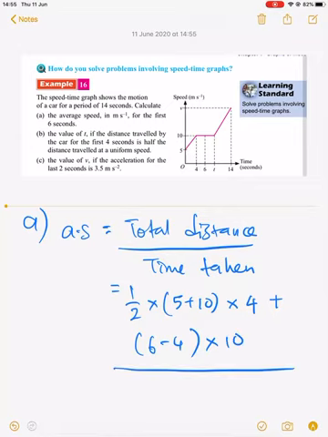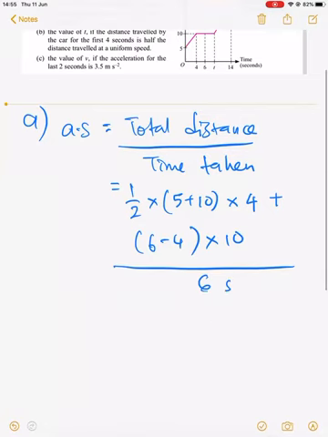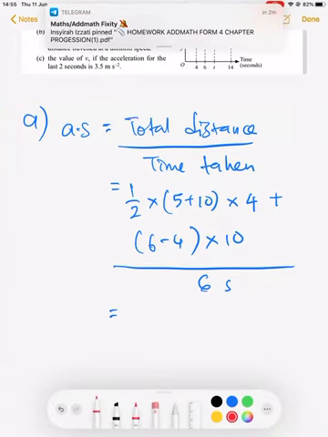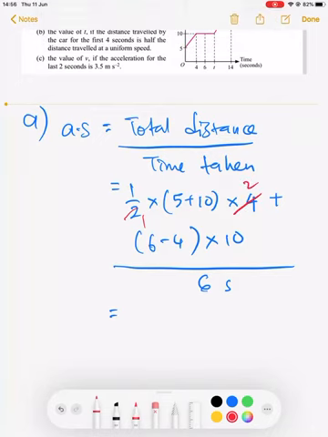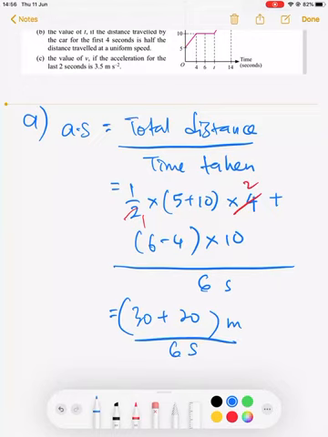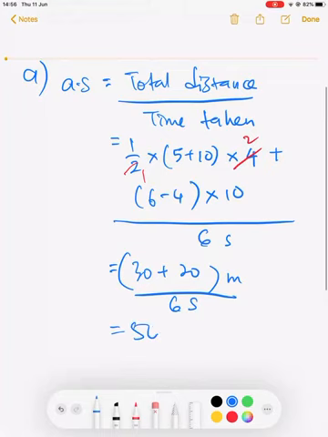Divide by the time taken, 6 seconds. Then 30 plus 20, distance in meters, over 6 seconds, so 50 over 6 meter per second.